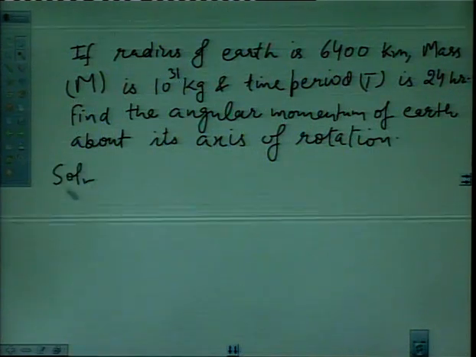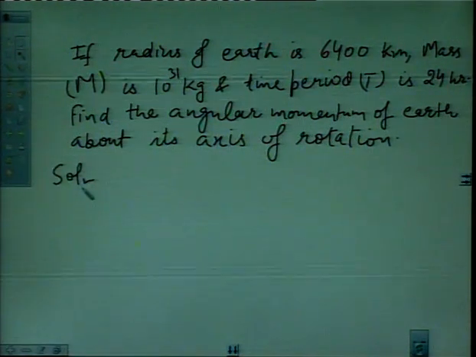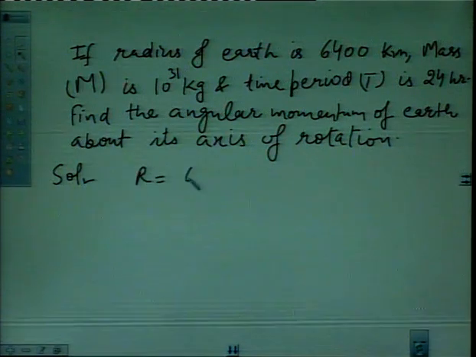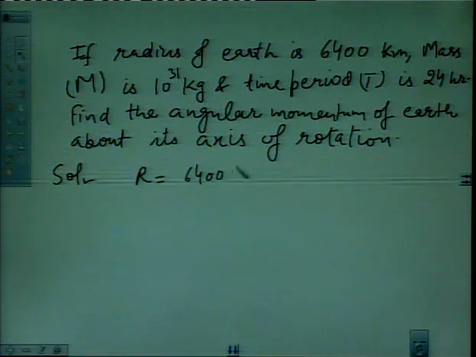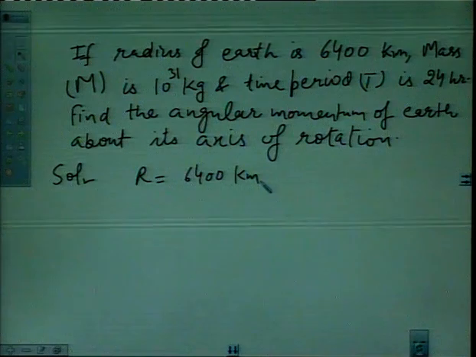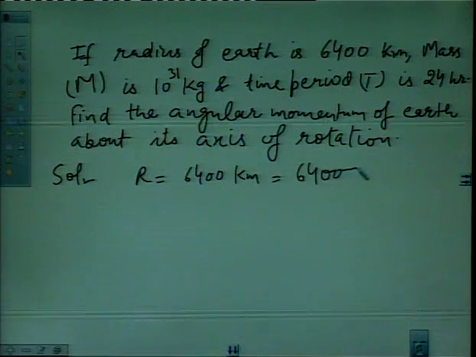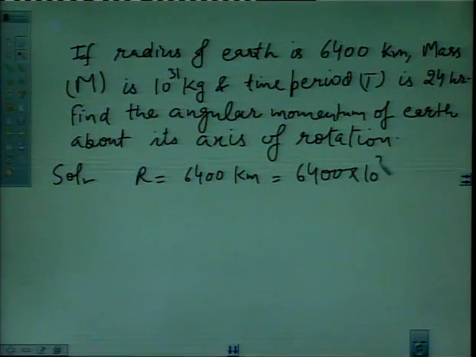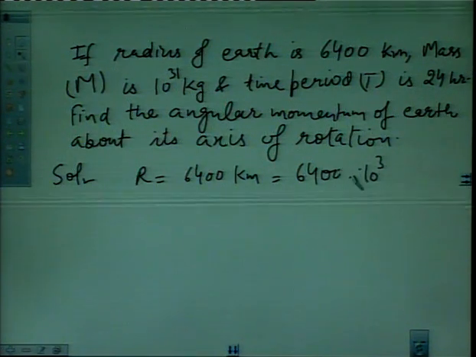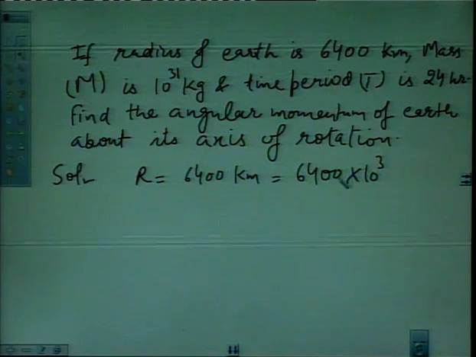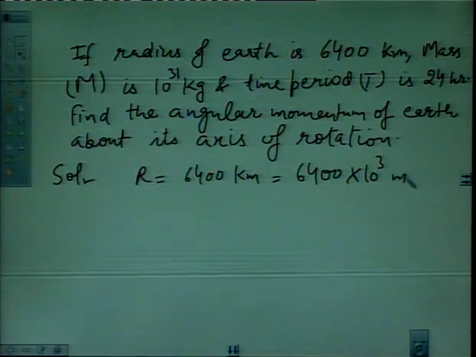So, here we have given the radius of the earth is equal to 6,400 kilometer. So, this can be written as 6,400 into 10³ meter.